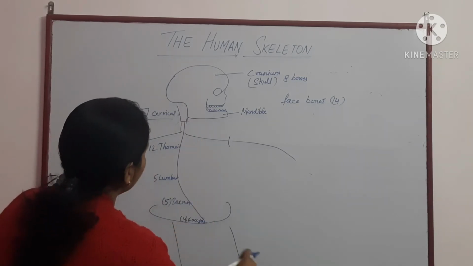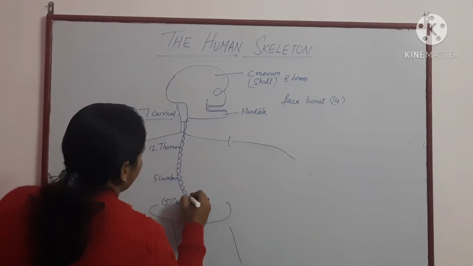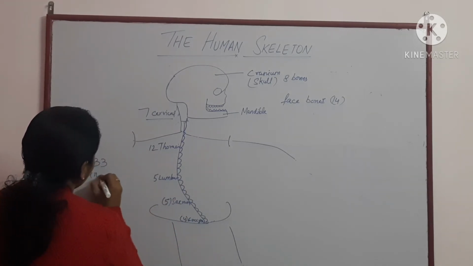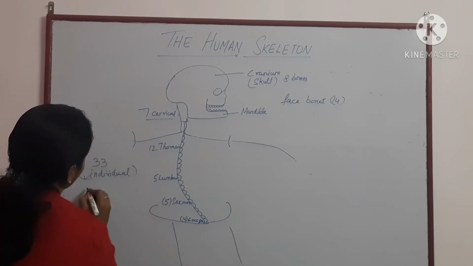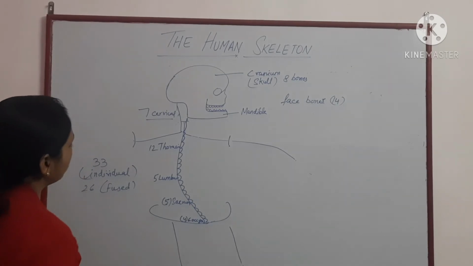This is about the vertebral column. The total number of vertebrae is 33 individually, and 26 when counted with the fused bones.